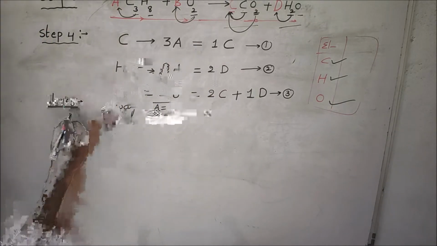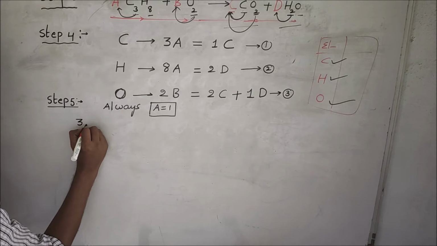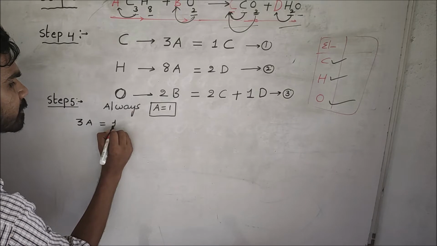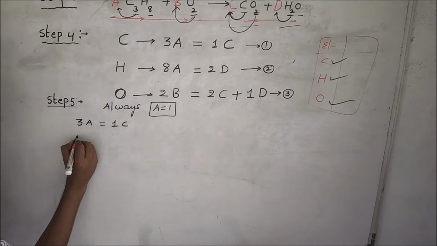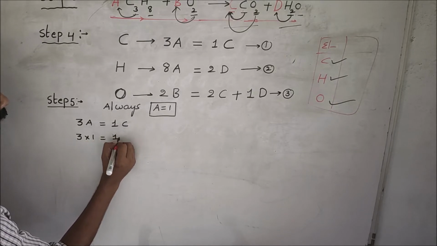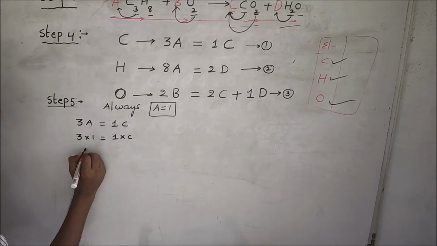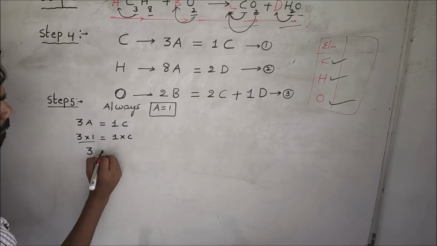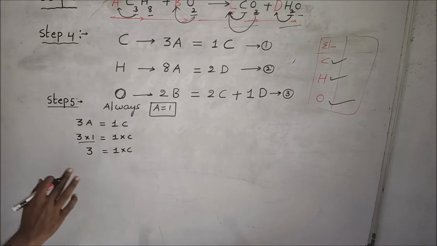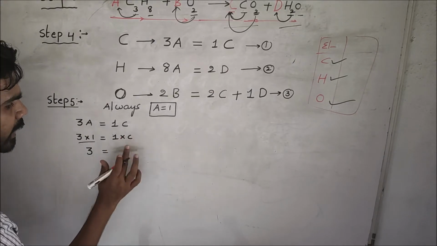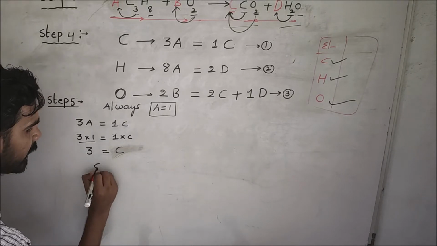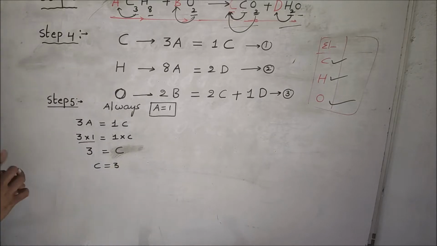Now first I am taking the first equation. 3A equal to 1C. Now A equal to 1. 3 into 1 equal to 1 into C. 3 ones are 3. 1 into C, already you know, anything into a letter is always that letter, C. Now C equal to how much? 3.